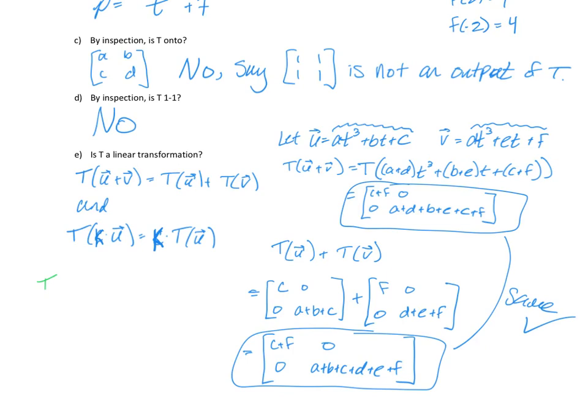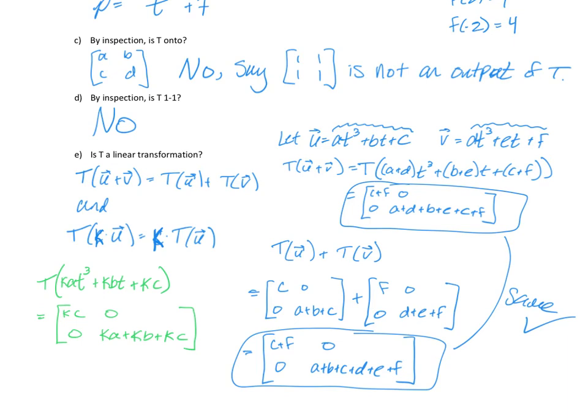So T of k times U, that is k a t cubed plus k b t plus k c. Plug in 0 into that polynomial and you get k c. Plug in a 1 and you get k a plus k b plus k c.